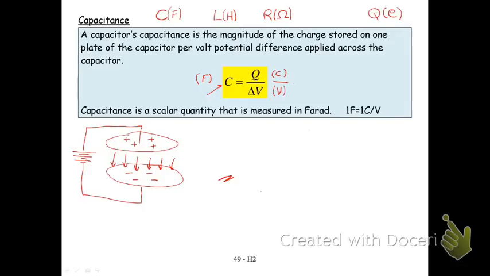I tend to use two terms, EMF and potential difference. And they're both voltage measures. The EMF is the voltage of your power supply, and the potential difference is the voltage drop across your components.